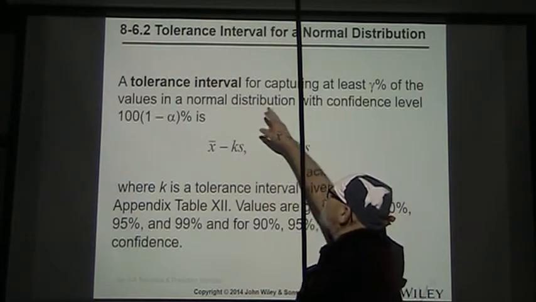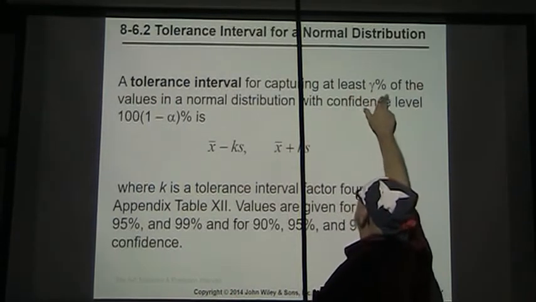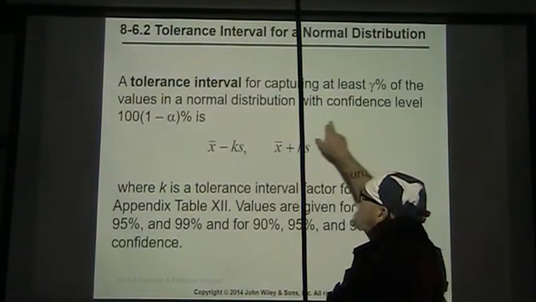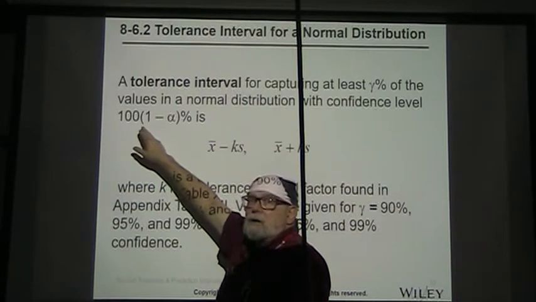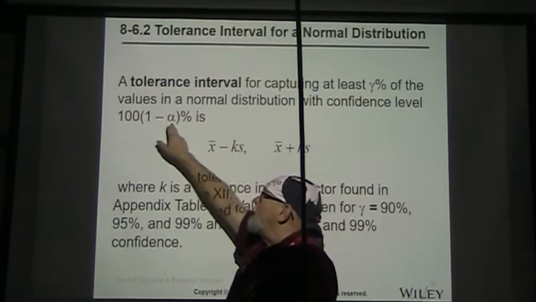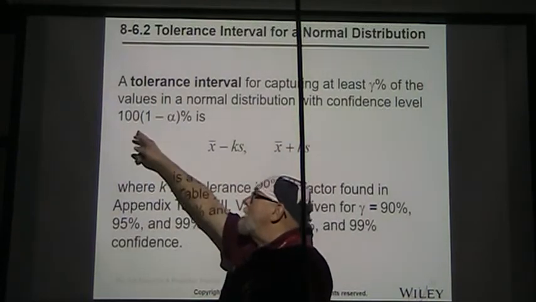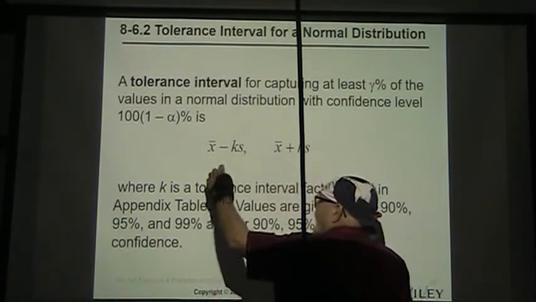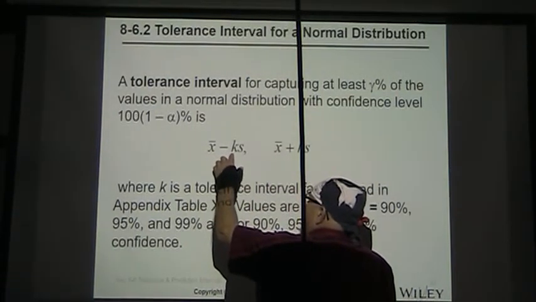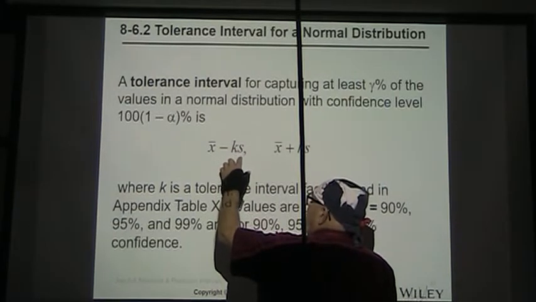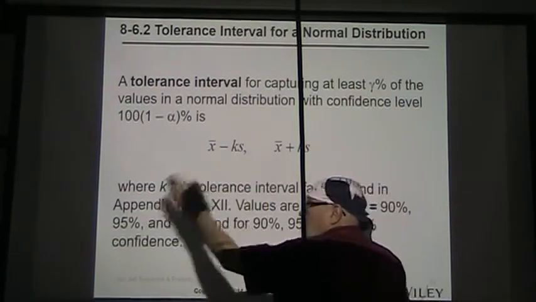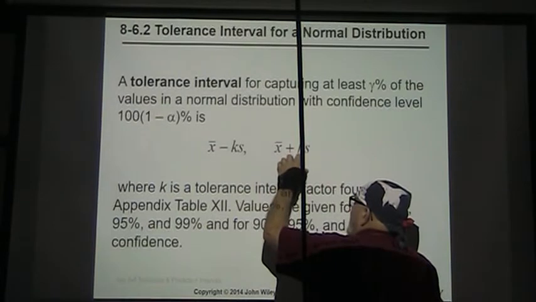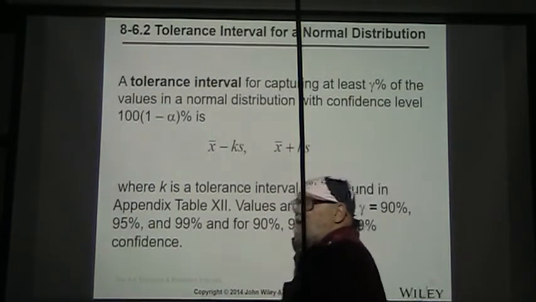So our tolerance interval for capturing at least gamma percent of the values in a normal distribution with a confidence level of 100 times the quantity 1 minus alpha percent is x bar minus k times our sample standard deviation at the lower tolerance limit, and x bar plus k times the sample standard deviation.